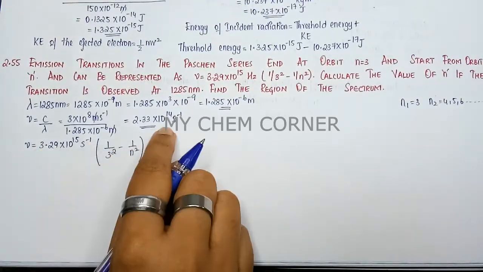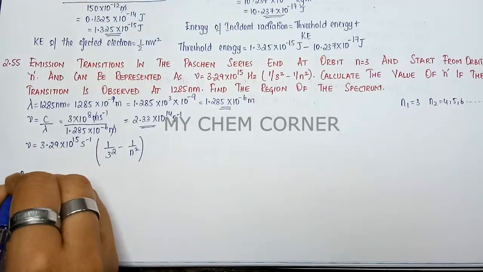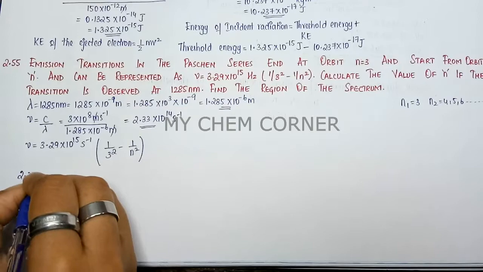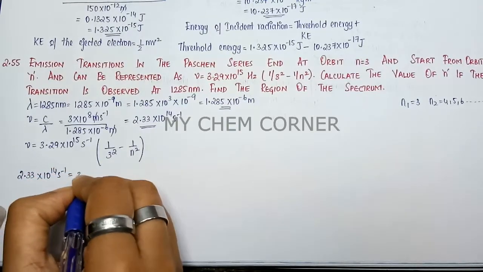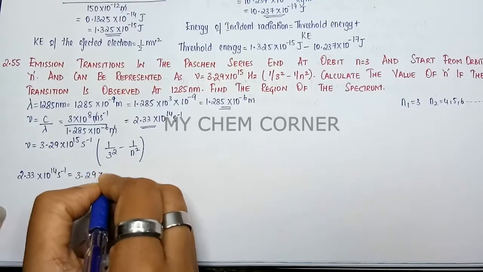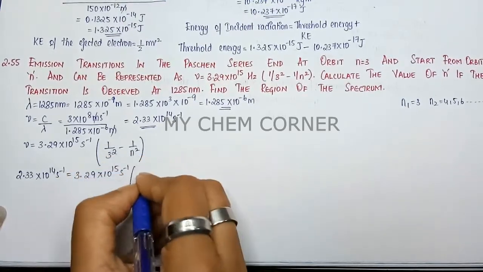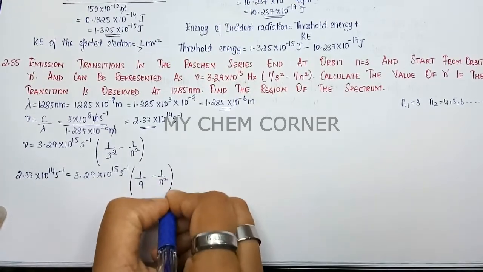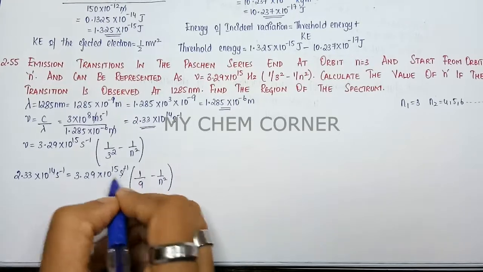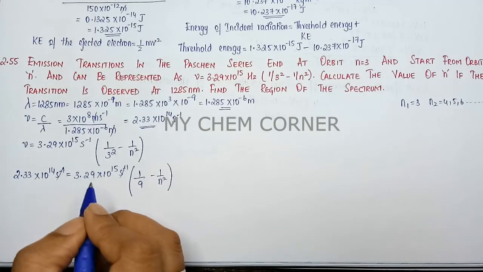Now the nu value we already have, so on the left hand side I am going to equate it. That will be 2.33 into 10 to the power 14 seconds inverse equals 3.29 into 10 to the power 15 seconds inverse times 1 by 9 minus 1 by n square. Here seconds and seconds get cancelled because they are of the same unit.